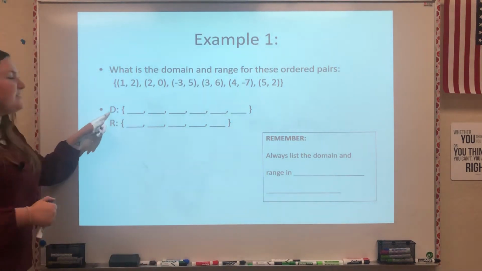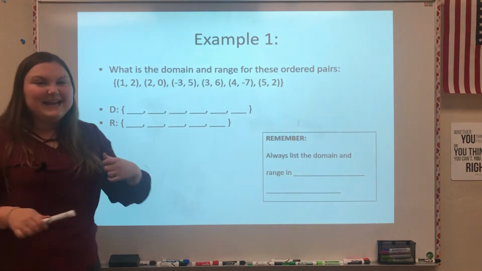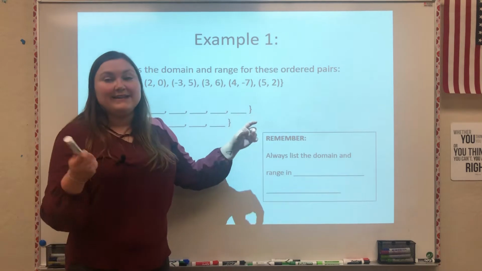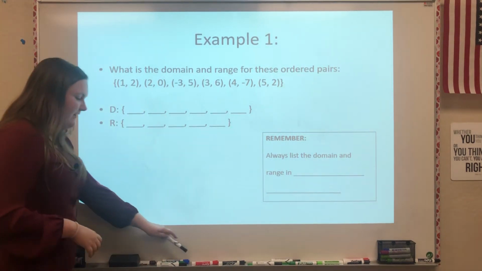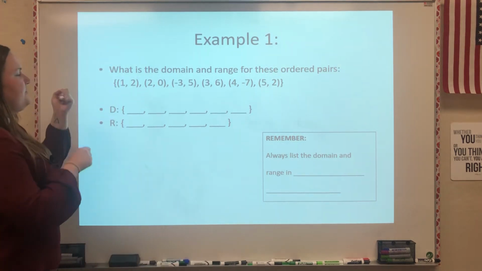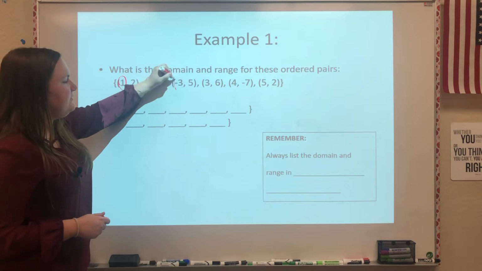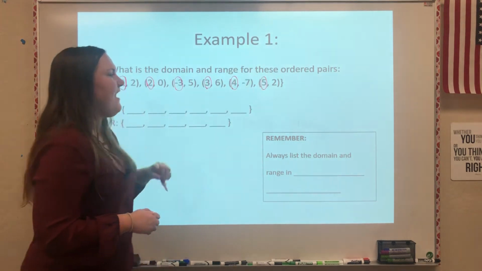So for this first part, if I wanted to write the domain, we just said it is the set of all of the x's. So if I'm looking at a list of points, it's going to be all those x coordinates, which are the first number in each of those coordinates. So the domain is all my x's, which is going to be 1, 2, -3, 3, 4, and 5.